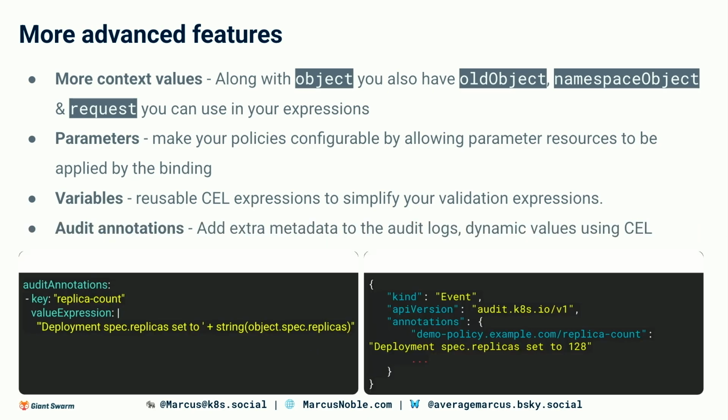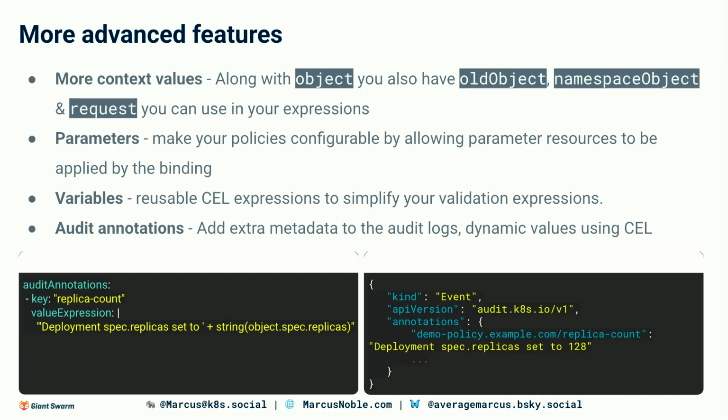Audit annotations. So I mentioned auditing very briefly earlier. You can add additional metadata to your audit log if a policy fails. You can set this auditAnnotations property, and you can have multiple of these. It's just like a key value pair. So you have a key, here it is replica count, and then the value expression is a CEL expression that can then equate to something.